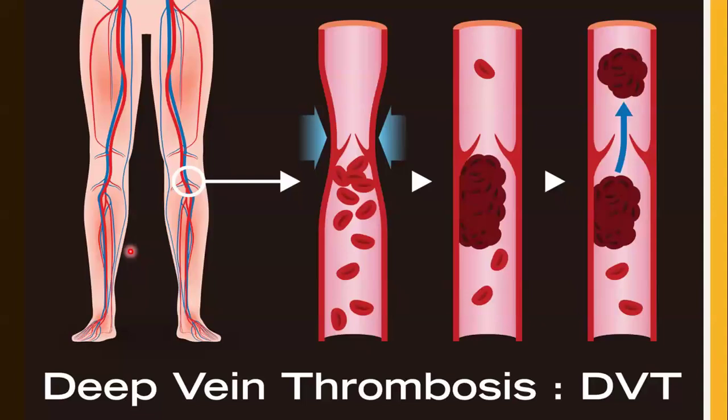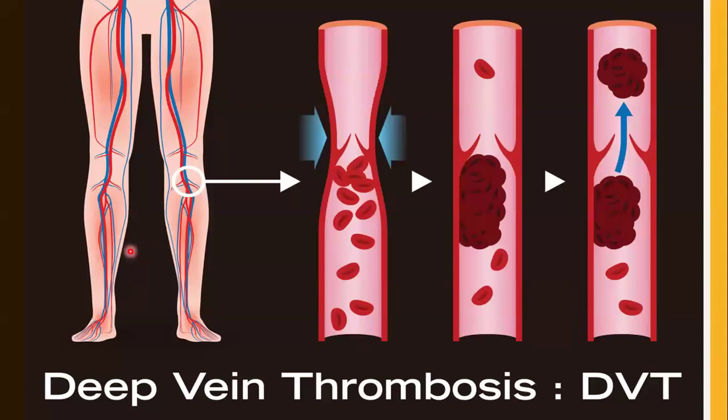One is injury of the endothelium. So if you have something that injures the blood vessel, the inner lining of the blood vessel is endothelium, that can cause clotting within the blood vessel. Another thing is if there is venous stasis. The blood within the vein is not flowing as fast as it should be.